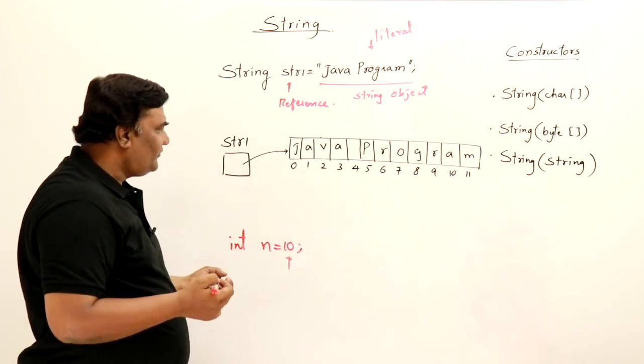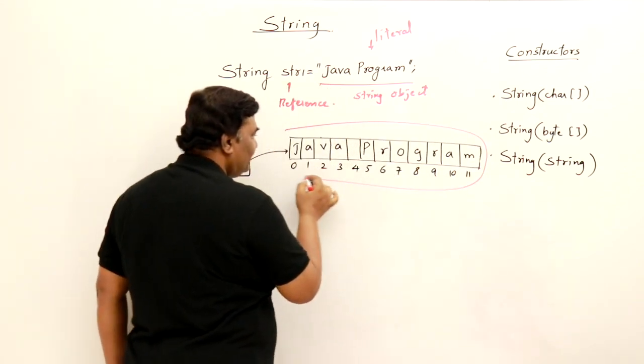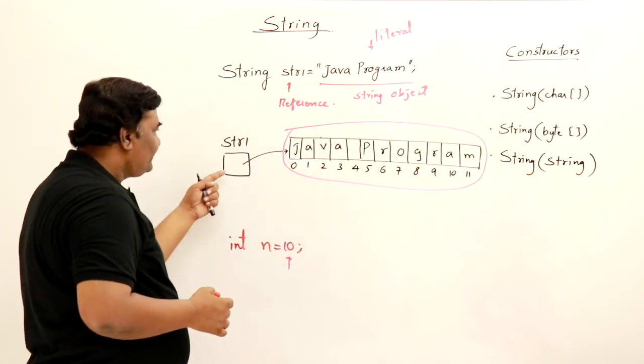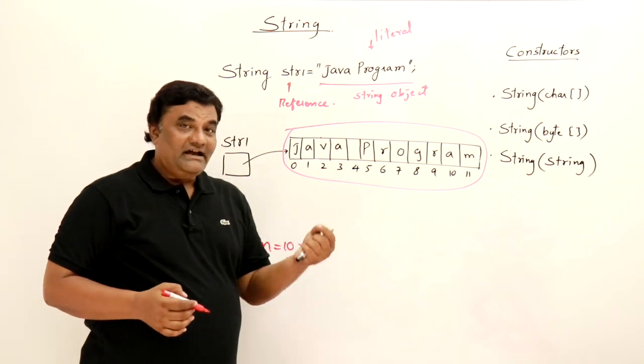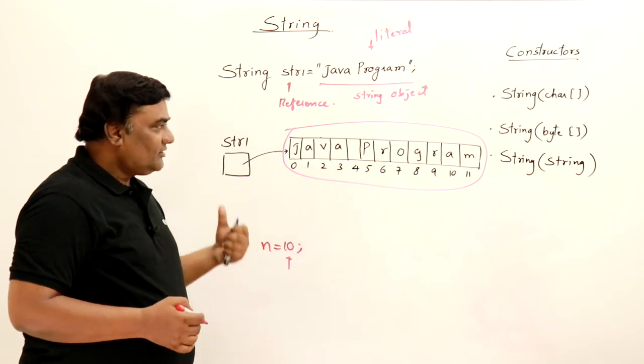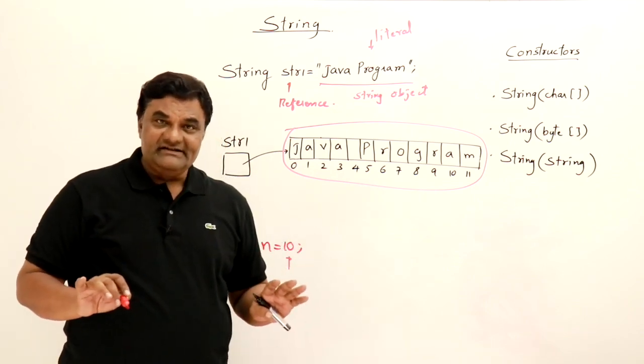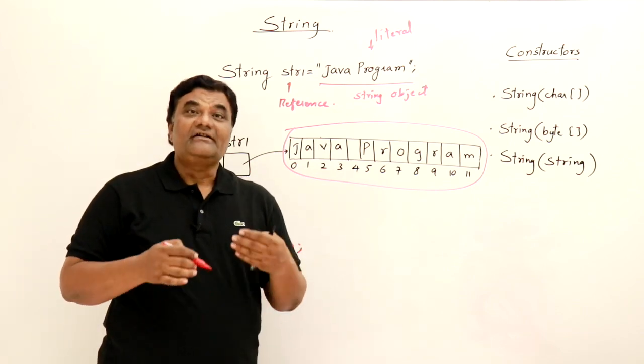So reference means what? It will hold this object. This is a string object. And it is holding that one, or it is having the address of that object, the beginning address of that object. But in Java, we don't talk in terms of addresses or pointers. We say reference.